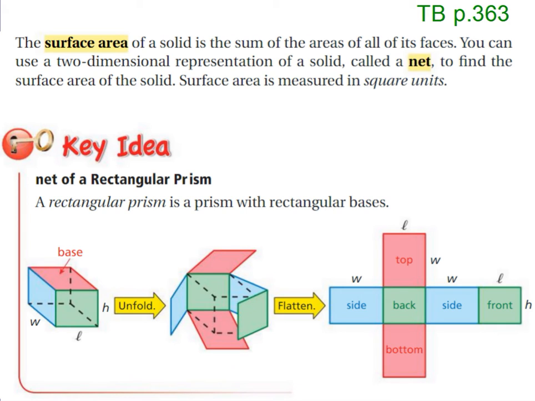So down below on this page, it says net of a rectangular prism. Okay, if I take a look at the first picture and then I begin to unfold it, looking at the second picture, if I were to flatten it all the way out, rectangular prisms are going to look like our third illustration.